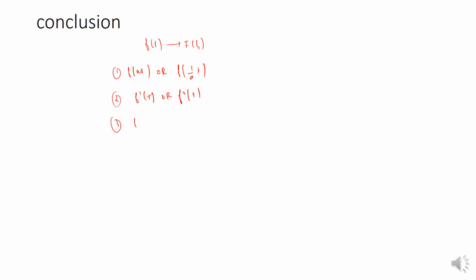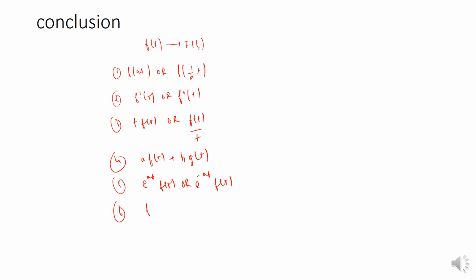Third, t into f of t or f of t by t. Fourth, a into f of t plus b into g of t. Fifth, e power at into f of t or e power minus at into f of t. Sixth, f of t minus a or f of t plus a.